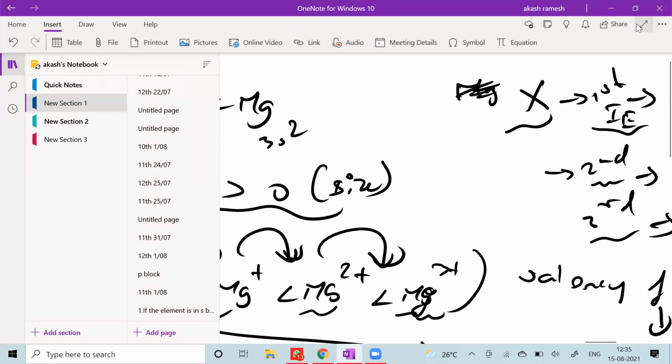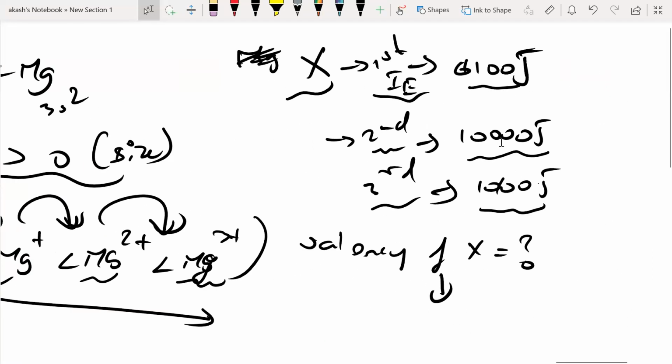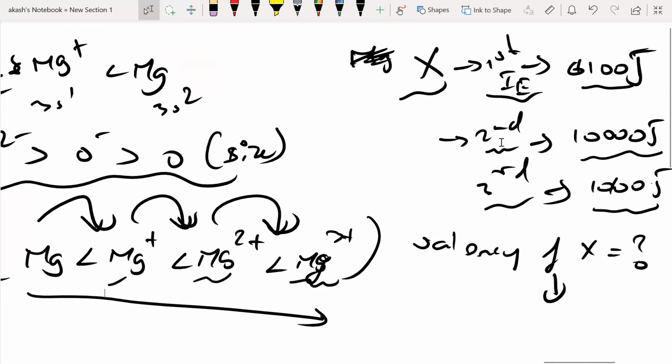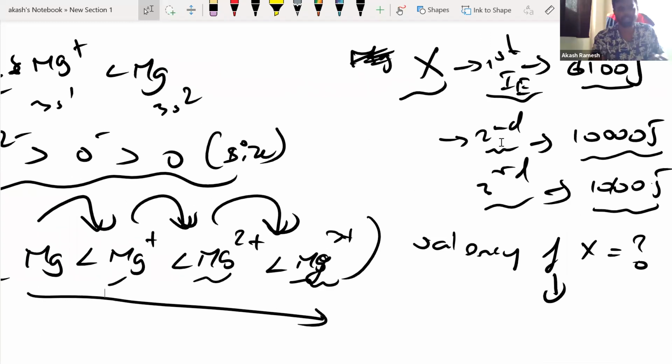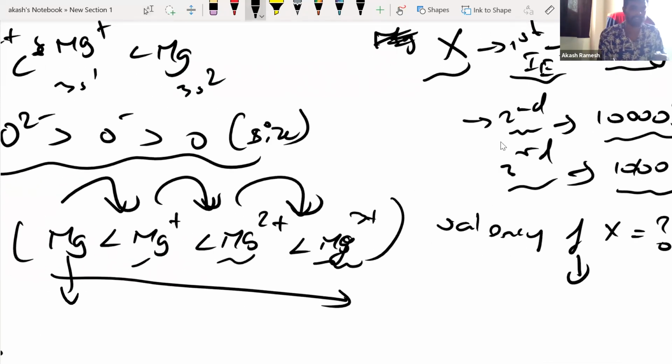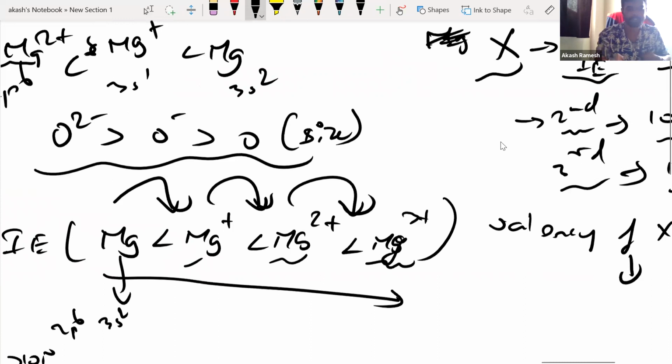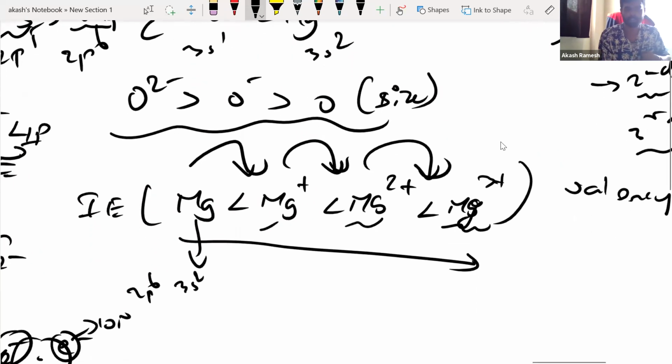Yes, sir. My question was, is the shielding effect of Mg and Mg plus the same? No, it wouldn't be the same, right? In this case, I had 3s2 and 2p6, and obviously before that so many electrons are there.